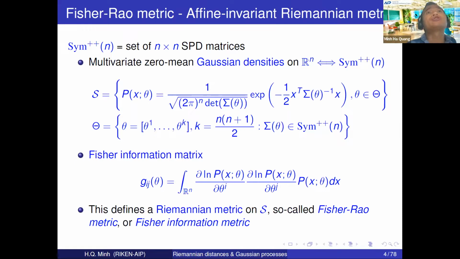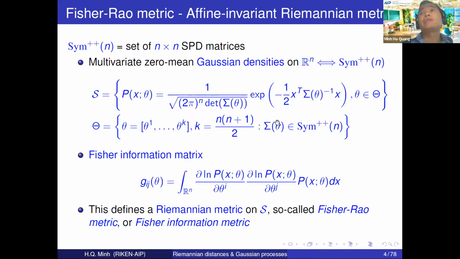So the Fisher-Rao metric. Consider the set of Gaussian densities on Rn. A Gaussian density with zero mean is given by this formula here, and it's completely characterized by its covariance matrix Sigma theta. Sigma theta is an n by n symmetric positive definite matrix, so we can parameterize it by a set theta.